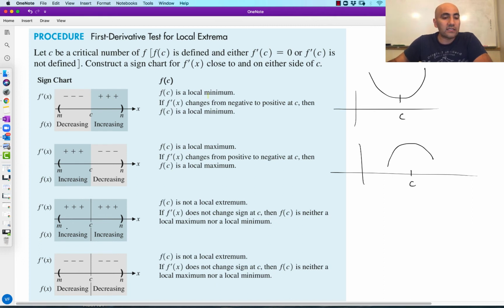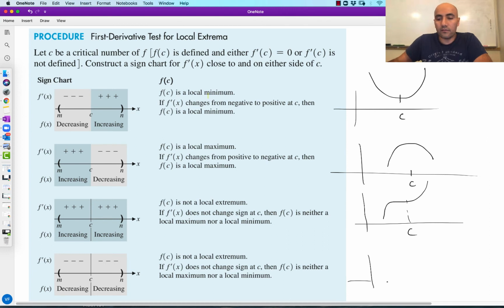In a case like this, it means that the underlying function is increasing all the way through. And in this case, we see a situation where the function is decreasing all the way through. So it might be something that looks like this. Here is a case where it's increasing all the way through, and yet there is no maximum or minimum.